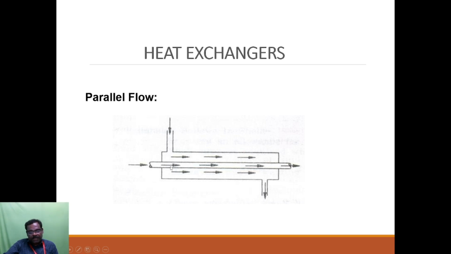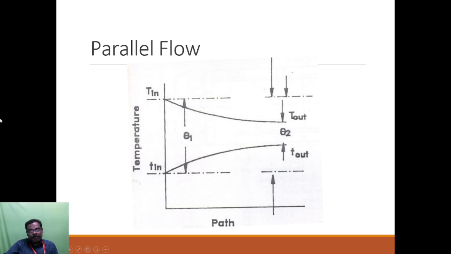Are you clear? The hot fluid flows inside the tube, the cold fluid flows outside the tube, and heat is exchanged from the hot fluid to the cold fluid.